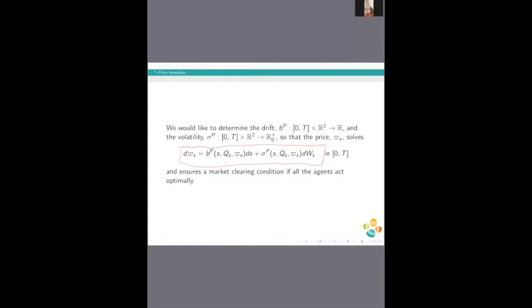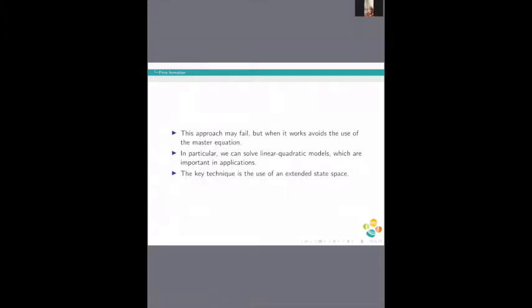So these two problems are somewhat in the same framework, and the question is, can we solve them? For the stochastic case, this may not always be solvable, but at least in the linear quadratic case we can do this. And the key technique is to use some extended state space.